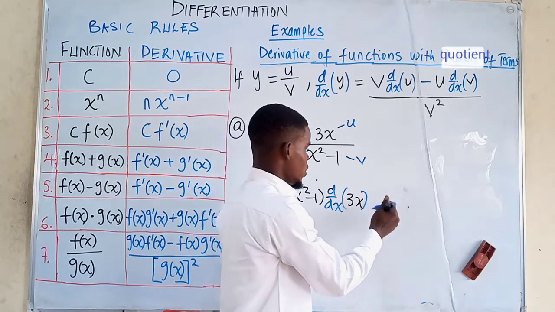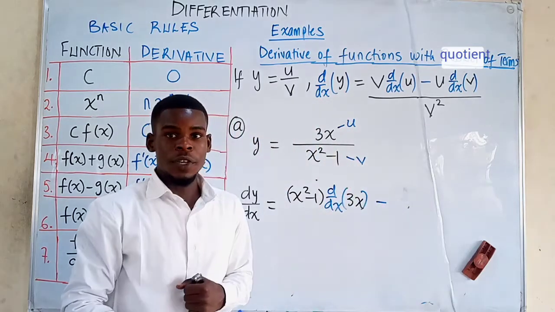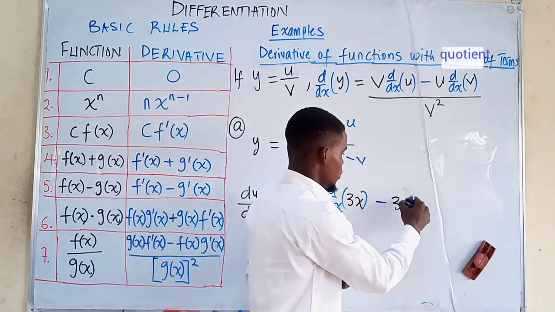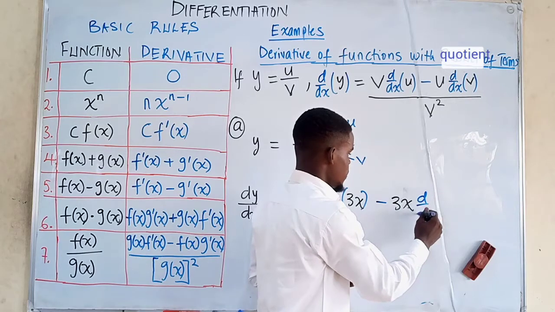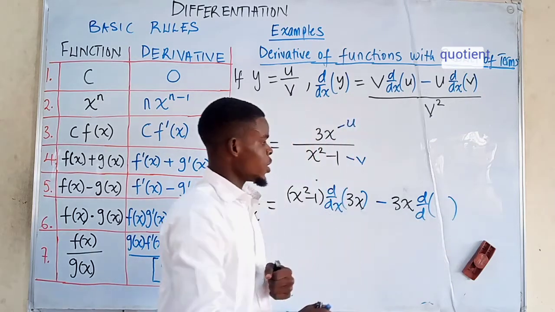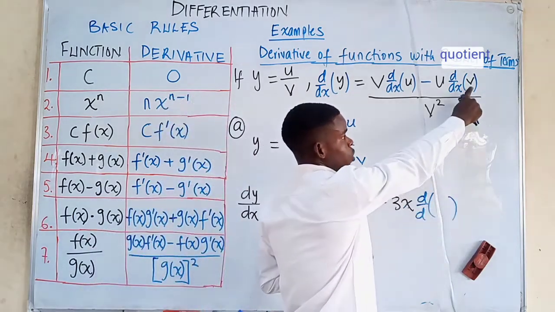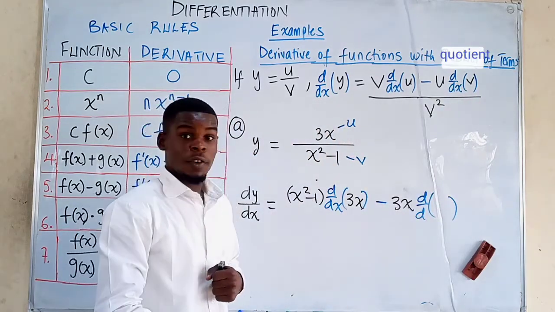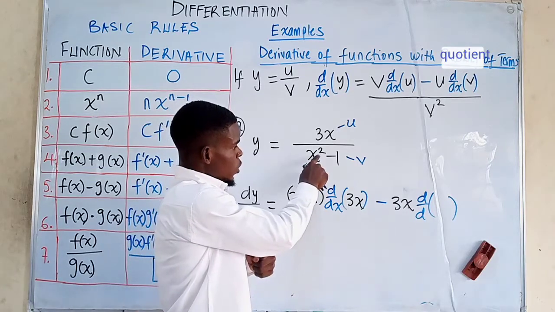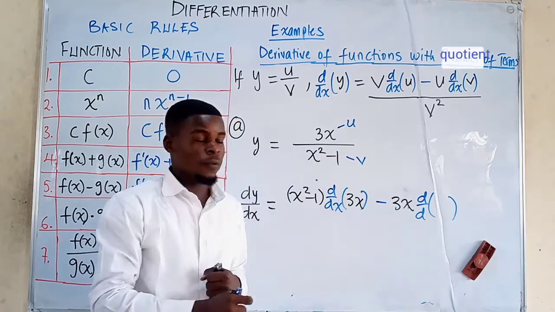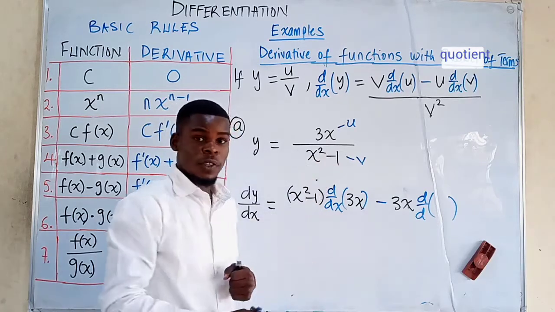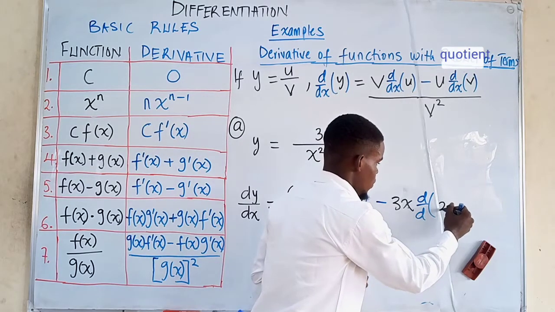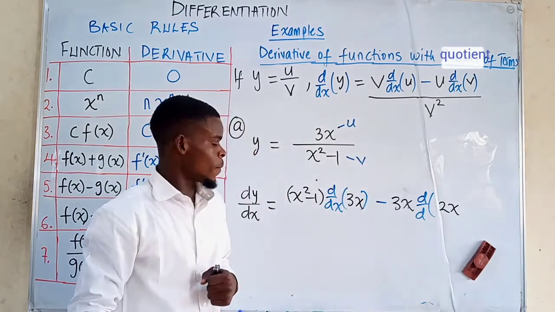And then we say minus, and again we keep the numerator, which is the u, and the u in this question is just 3x. Then we put down the derivative with respect to x of the denominator, because we need to differentiate this v, which is x squared minus 1. The derivative of x squared minus 1, a difference of two functions, has the derivative of x squared as 2x.